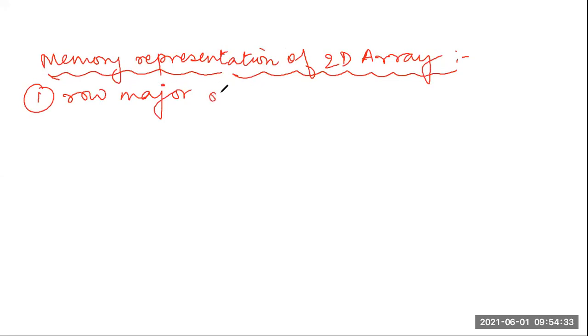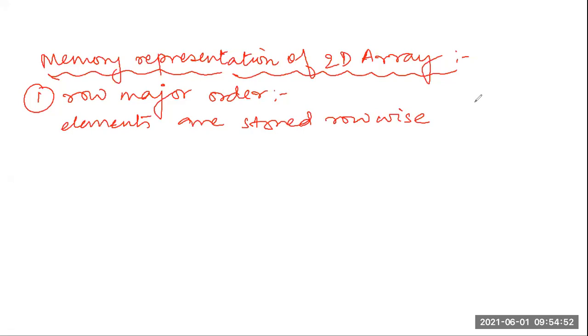First, suppose I am explaining the row major order. In row major order, the elements are stored row wise. We discussed this yesterday. And rows are being listed on the basis of columns. So suppose I have an array A which will contain this type of elements.